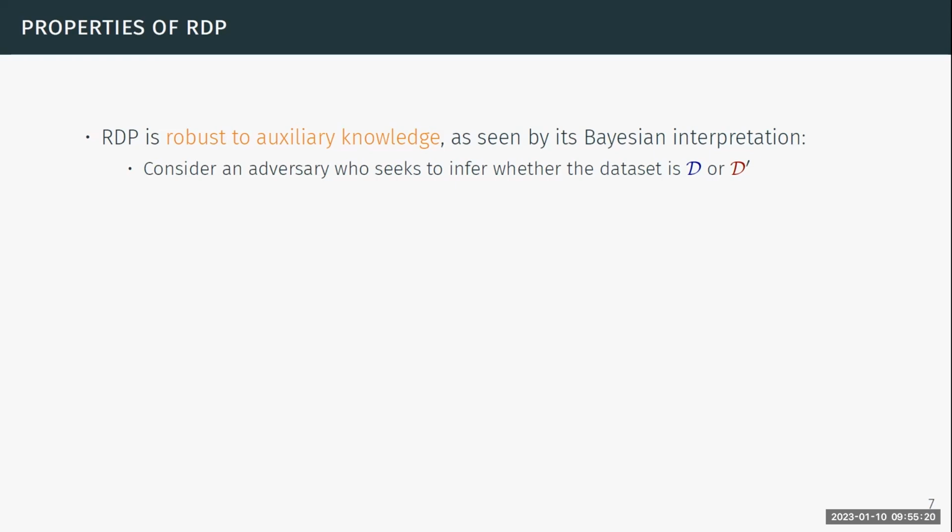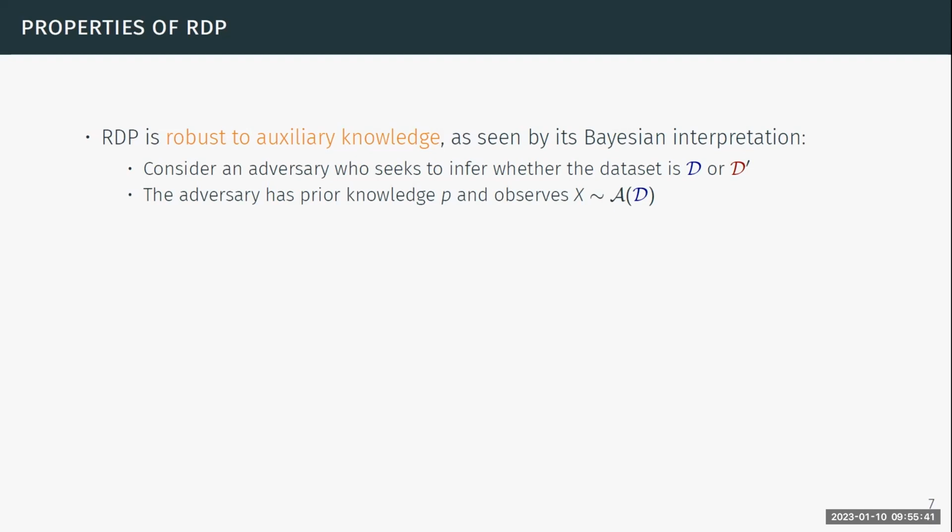It's like the adversary tries to predict a bit to say, okay, the dataset was D or the dataset was D prime. It has some prior knowledge, maybe it thinks D is more likely or D prime is more likely. I'm going to denote that by P. And the information that it observes is the output of one execution of the algorithm, right?